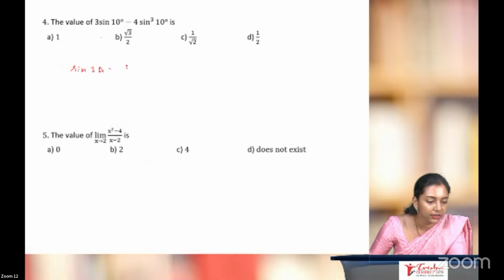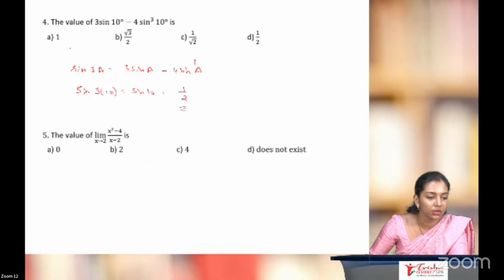Sine 3a, 3 sine a minus 4 sine cube a, right? So just substitute. What is a? A is 10 degree. So sine 3 into 10, or sine 30. What is the value of sine 30? 1 by 2. 1 by 2 is the answer.